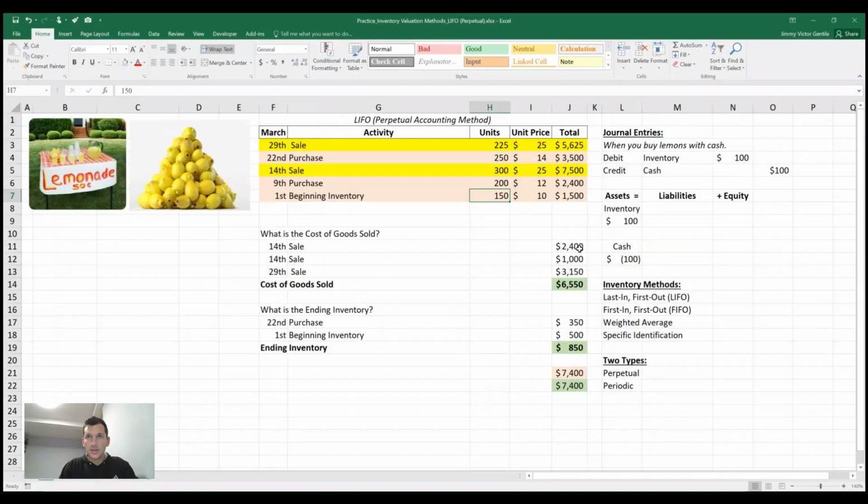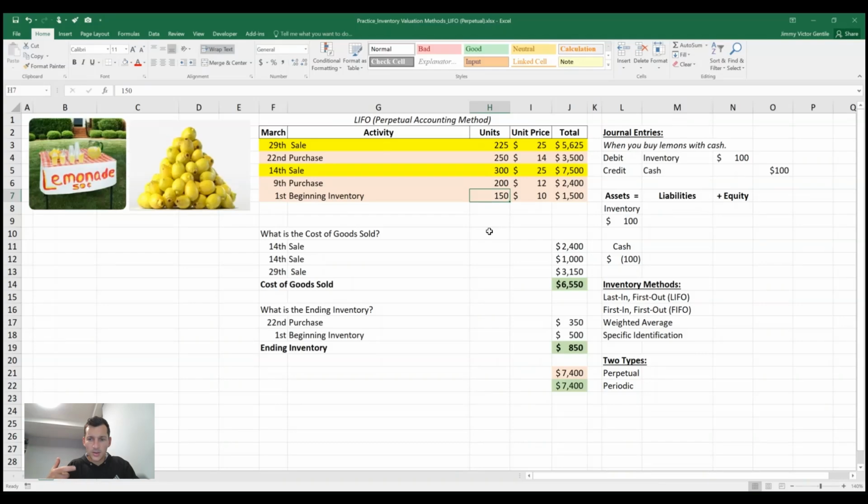And so to calculate our costs, we're going to grab all the costs associated with the 200, and we're going to grab 100 units at $10. And our total cost for that is $3,400, which leaves us with 50 units left in beginning inventory.